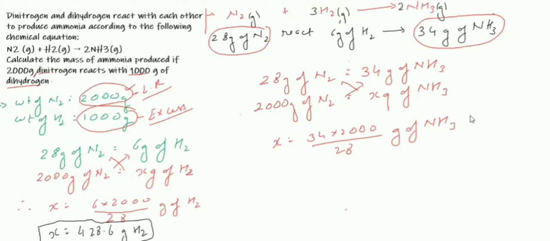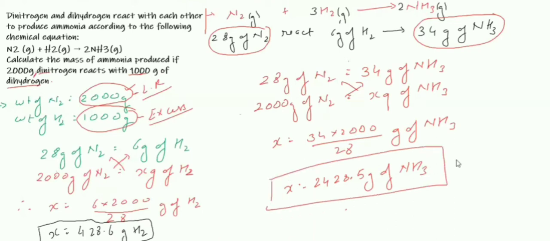We can solve this to get our answer, where X will be equal to 2428.5 grams of NH3. So this is the amount of ammonia produced when 2000 grams of dinitrogen reacts with 1000 grams of dihydrogen.